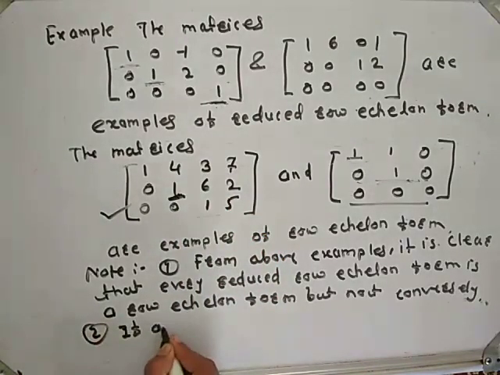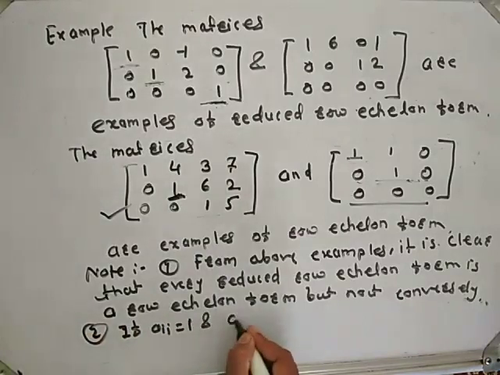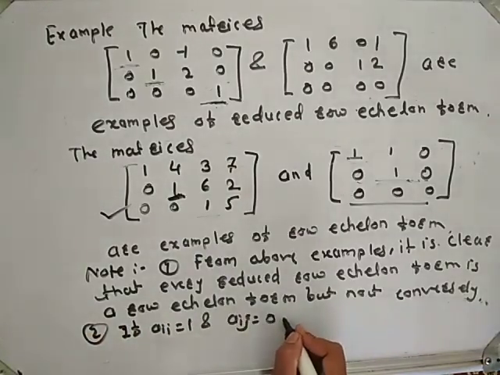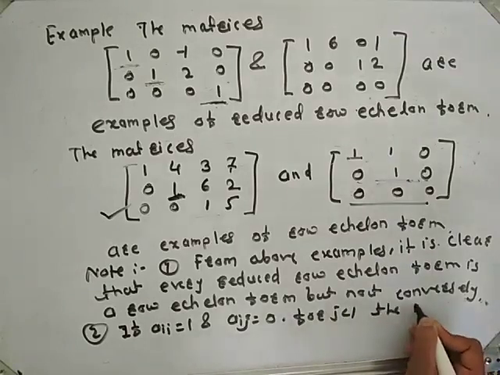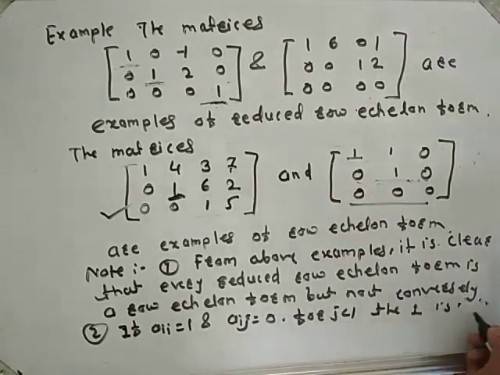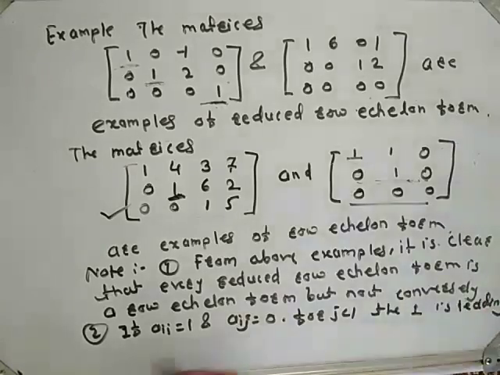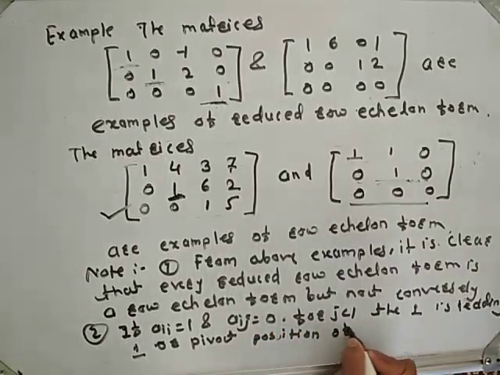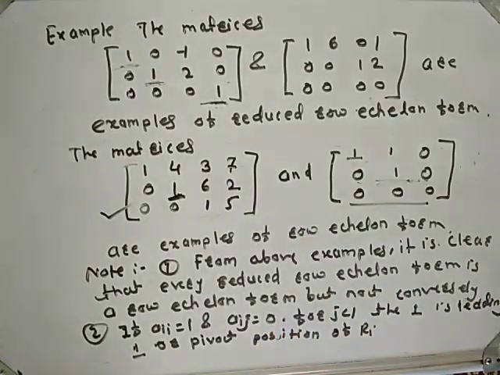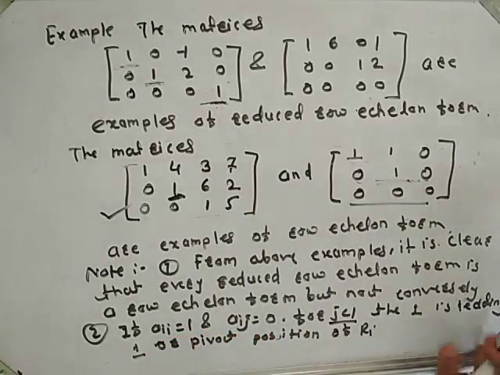Second, if a_ii is equal to 1 and a_ij is equal to 0 for j less than i, then 1 is the leading 1 or pivot position of Ri.